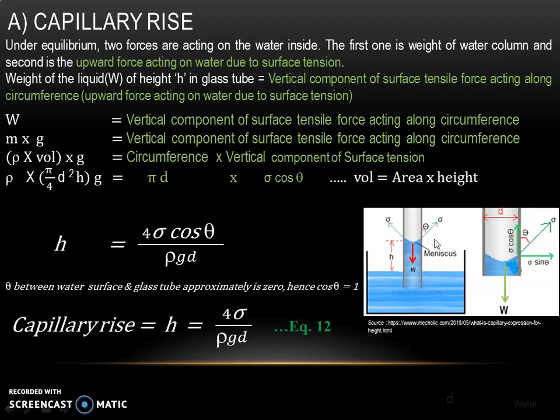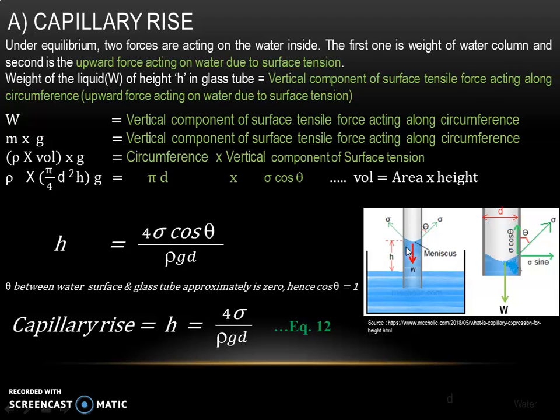So we will equate both the forces, one which is acting downward and the other which is acting upward. We will equate both the two vertical forces. So the first one is the downward force, that is the weight of liquid W of height h in the glass tube, and the second one is the vertical component of the surface tensile force.